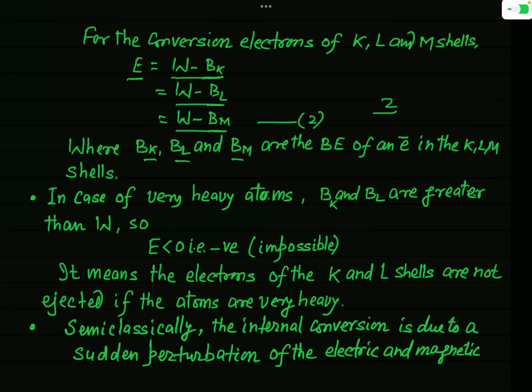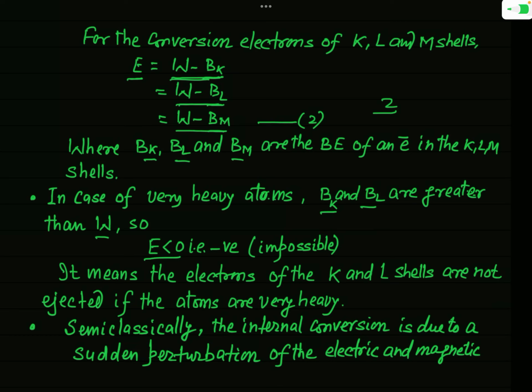Because in this condition, Bk and Bl will be greater than W, not smaller. So in this case, E will be negative. You can see here, if Bk is greater than W, W minus Bk will be negative. And similarly, if Bl is also greater than W, then E will again be negative.